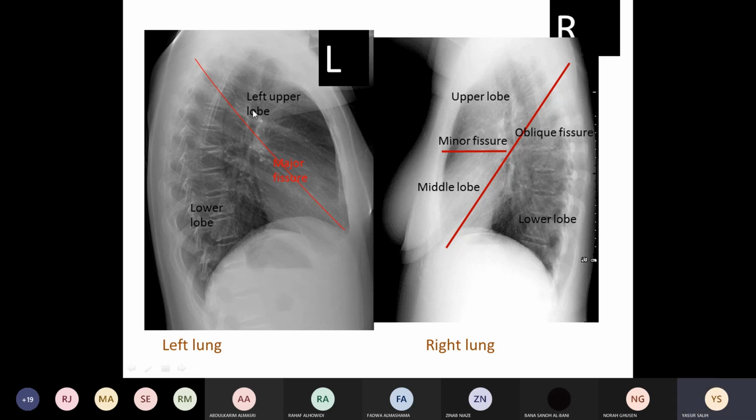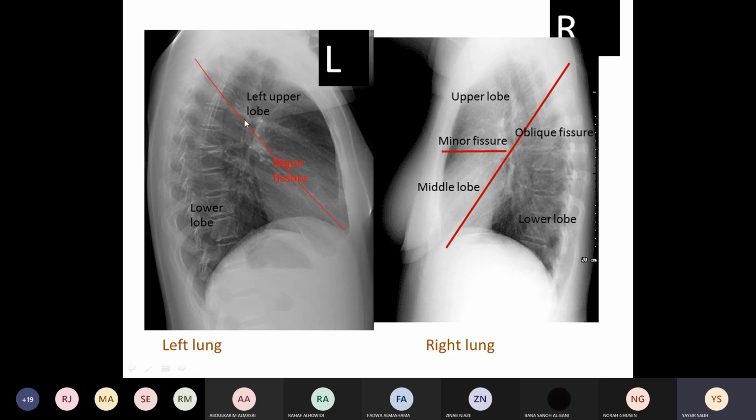Now in the left lung, we also have an oblique fissure. This is the imaginary line at the level of the oblique fissure. On the left lung we have only two lobes. The lower lobe of the left lung is located posterior, similar to the lower lobe on the right lung.